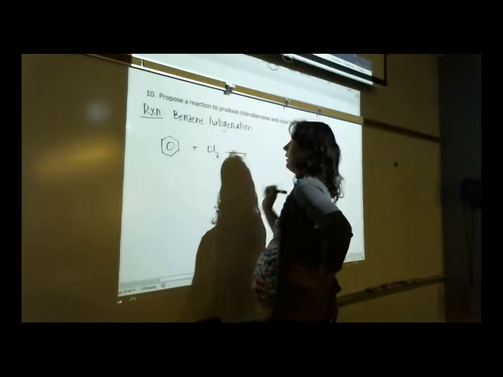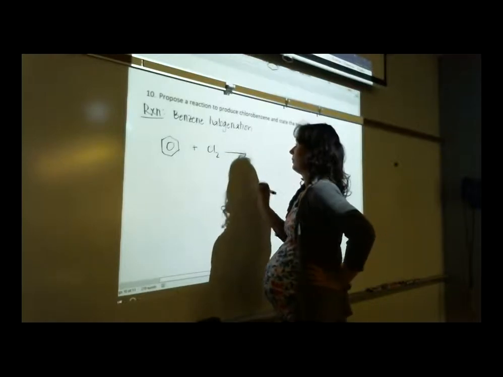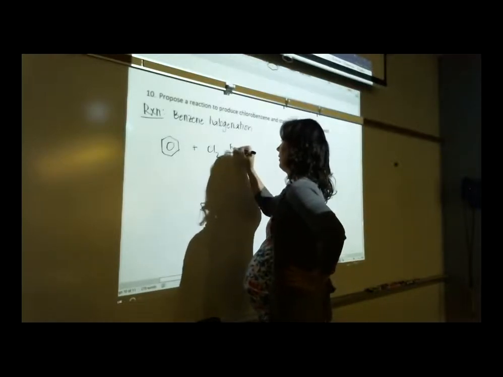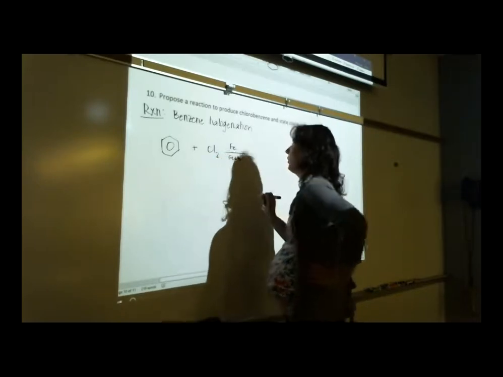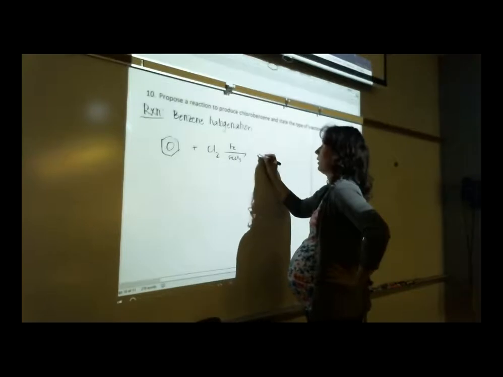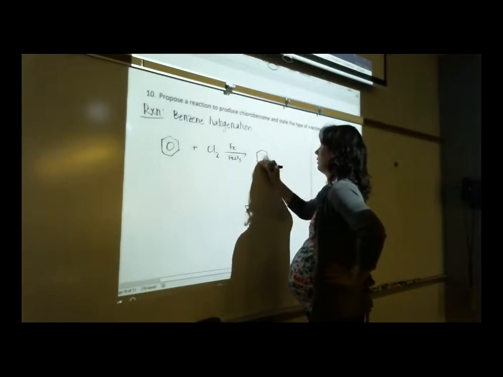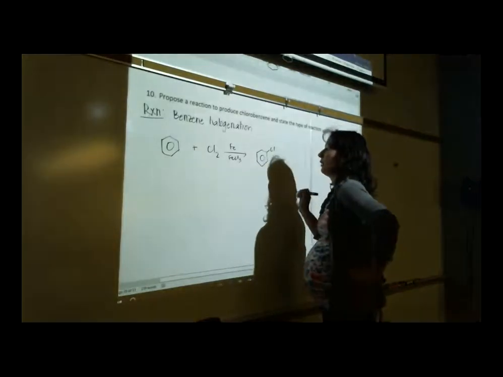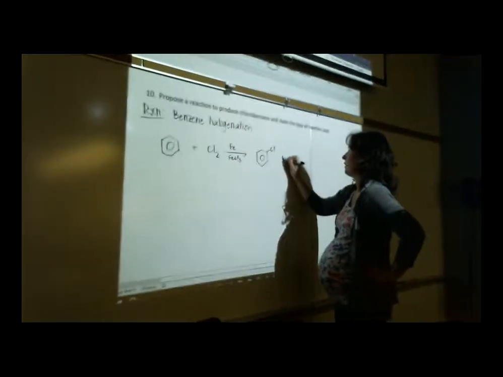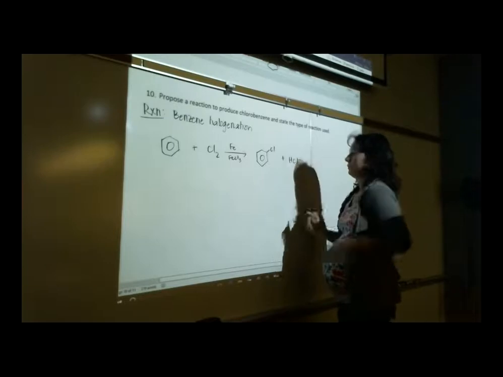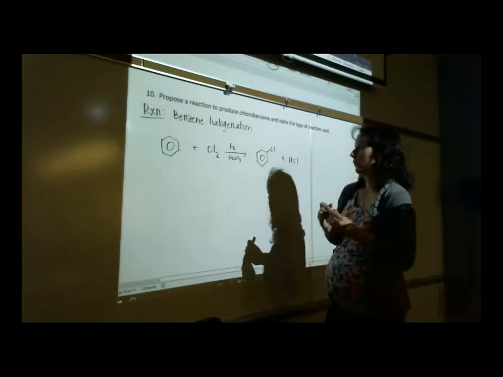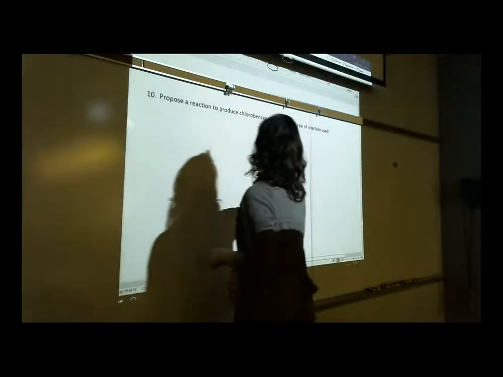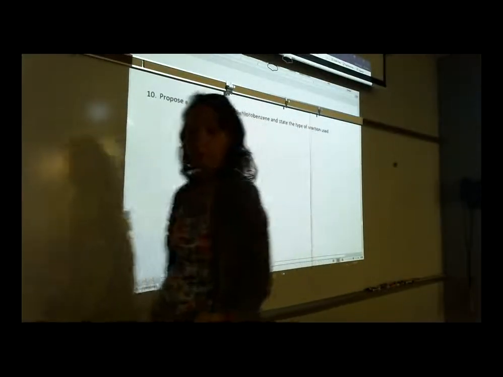And then what would your catalyst be? Fe or FeCl3. Either one would work. And then what are you going to get? You get 2 products. You get chlorobenzene, and what's your other product? HCl. Plus HCl. Good. Halogenation. Talked about that one, what, 3 weeks ago?